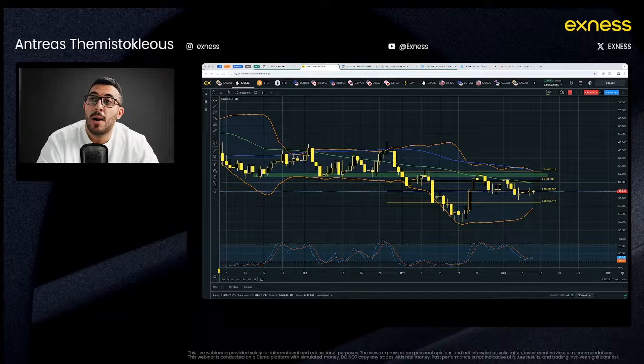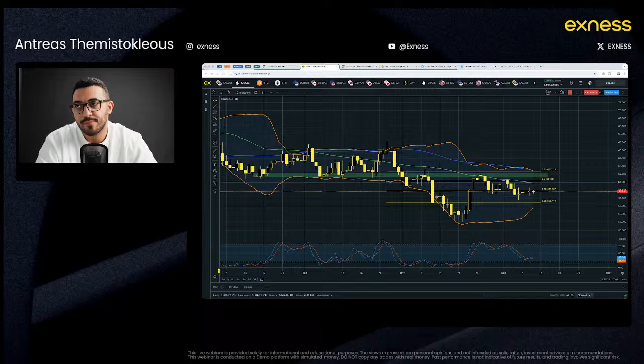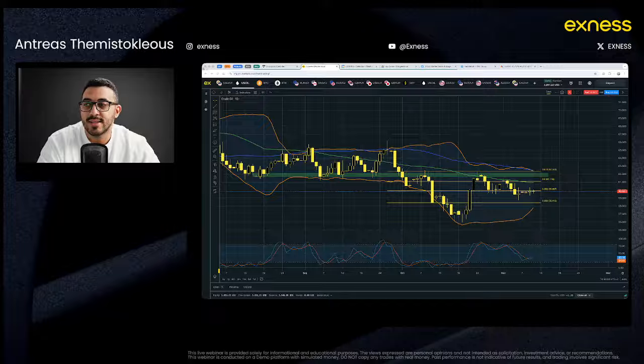So moving on to some other instruments. Crude oil. All right. So what's happening with crude oil? We have a quite interesting setup on crude oil. This greenish area here is the technical resistance on the price, which is the area of 62. Why is it important?